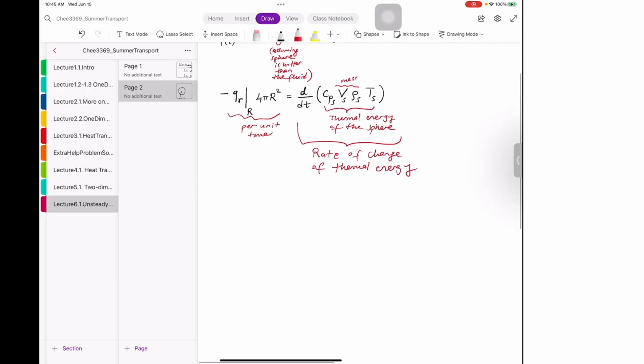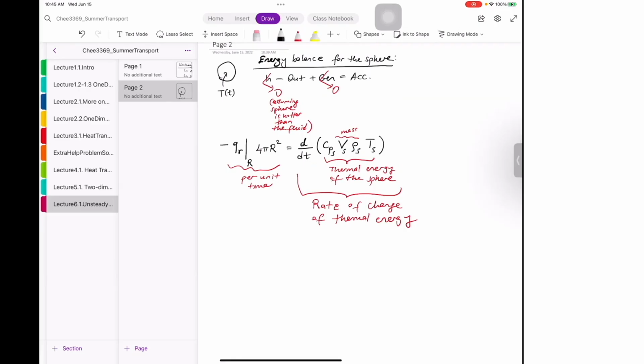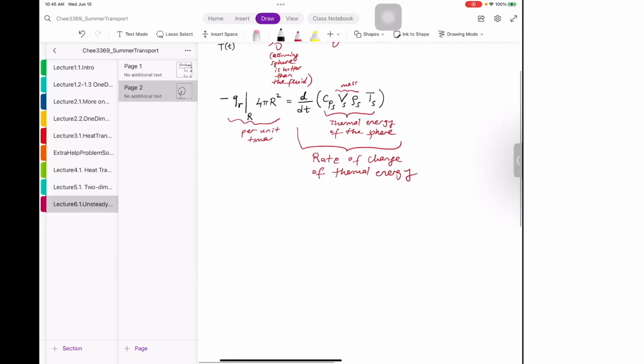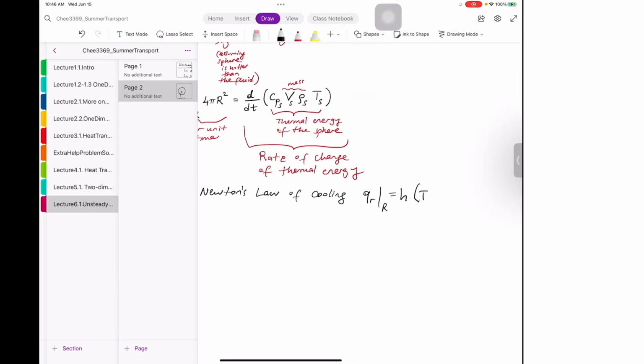Okay. Now from here, we need to write down the Q_out. The Q_out is nothing but from Newton's law of cooling. The heat loss from the surface, Q_out, is just H times T solid minus T fluid.